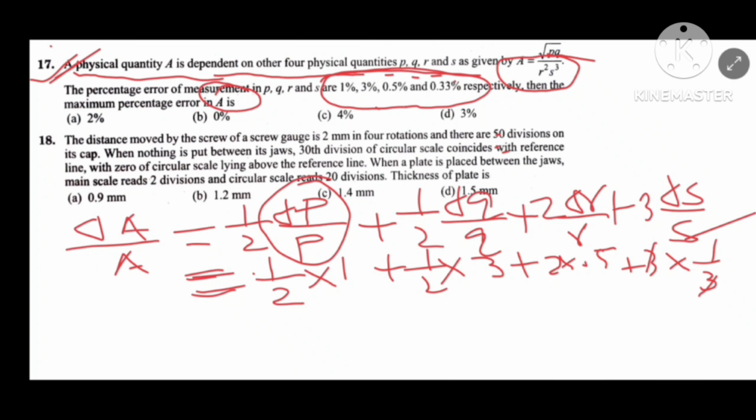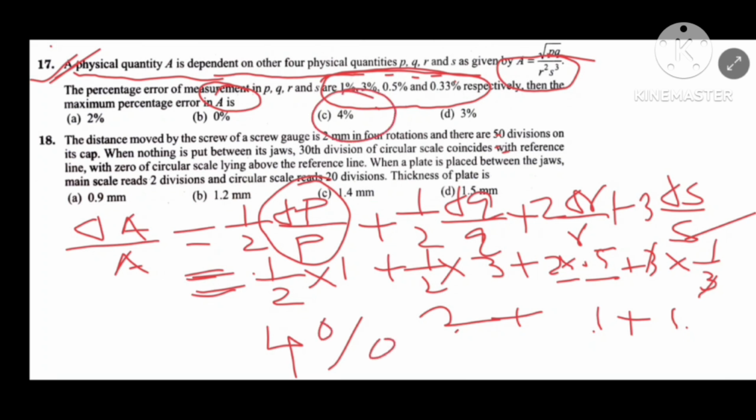Now this and this cancel out. 0.5 into 2, 1, this is the 1, this is the 1, and this is the 3/2 and this is the half. So 3/2 plus half, this is the 2. Therefore 2 plus 1 plus 1, so 4% is the percentage error of A. So C option is correct.